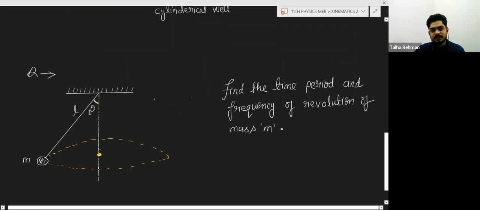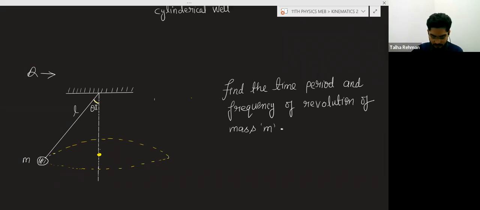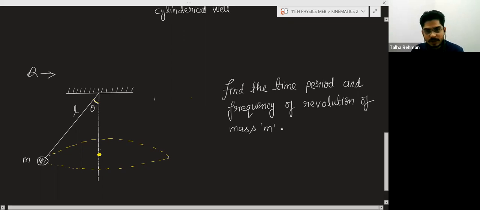This string is making an angle theta with the vertical. So basically what is happening, you have to imagine, suppose this is the vertical.